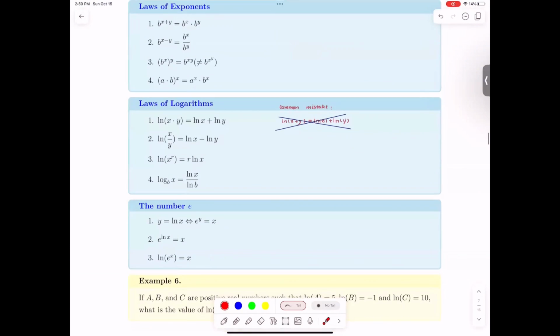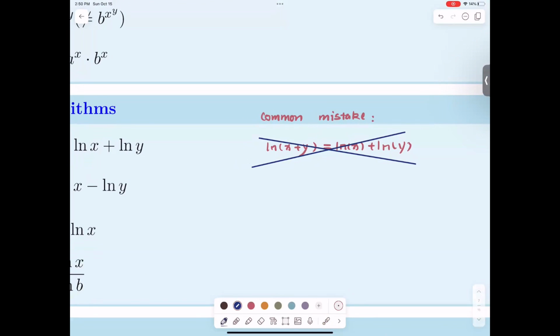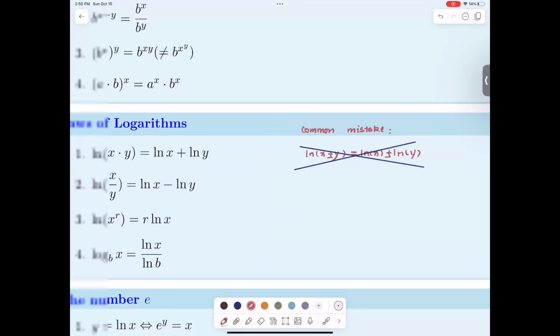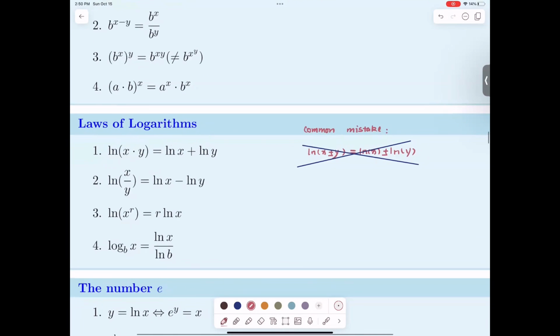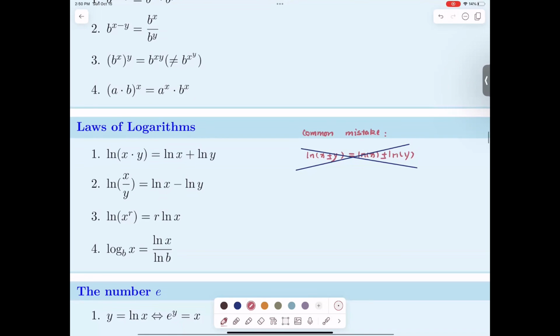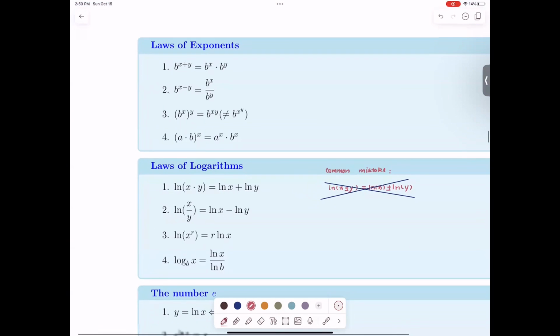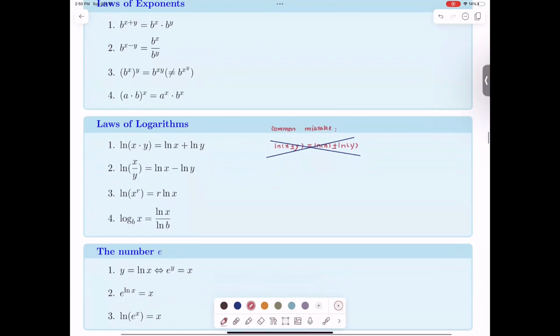Okay, continue. Common mistake. Do not do that. Okay? And people, if I have changes to negative sign, people do that as well. I don't understand, but we see it all the time. This is the most common mistake people do. Don't do that. Those laws, you should know all of them by heart. Okay?